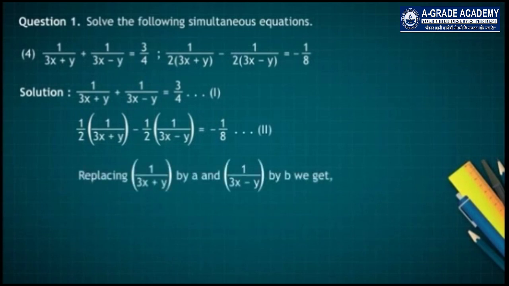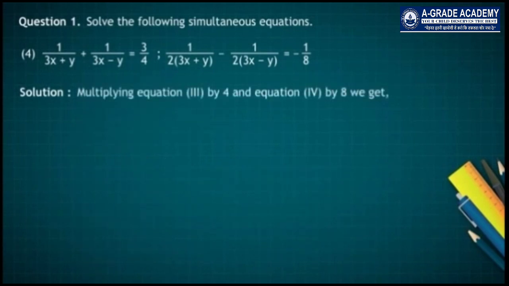Replacing 1/(3x+y) by a and 1/(3x-y) by b, we get a + b = 3/4. This is our equation number 3. a/2 - b/2 = -1/8. This is our equation number 4.